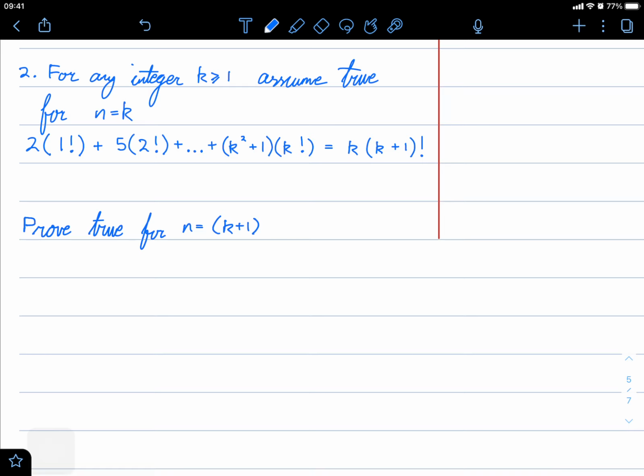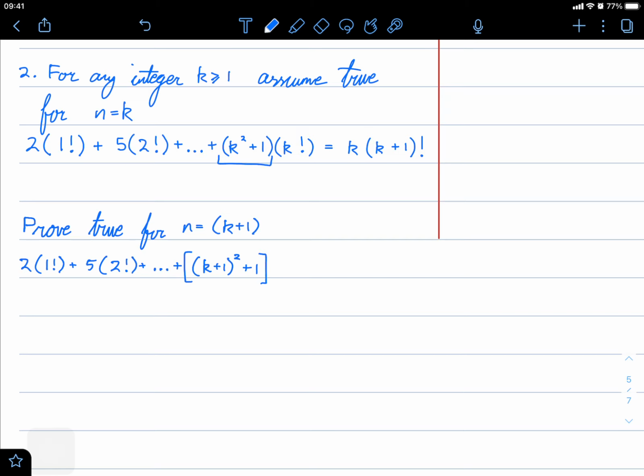So, just showing you some solidarity, I'll write this out as well by hand: 2 times 1 factorial plus 5 times 2 factorial plus dot dot dot. It's going to become, watch how I'm going to write it, k plus 1 factorial, k plus 1 all squared plus 1.